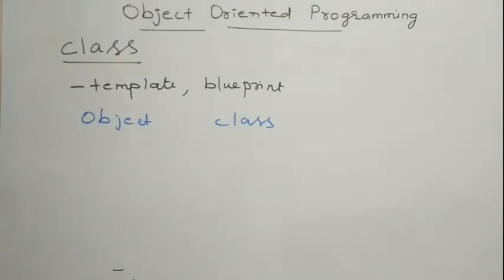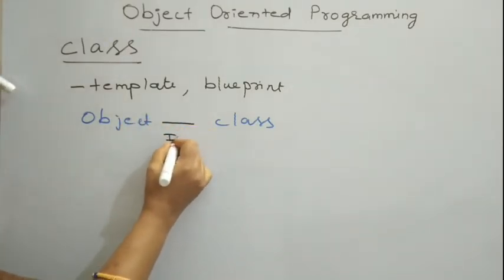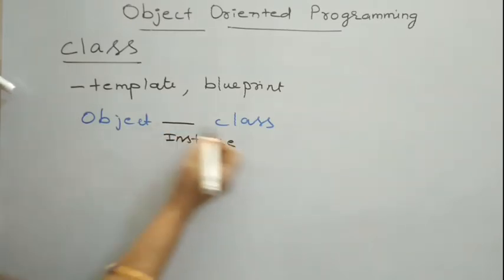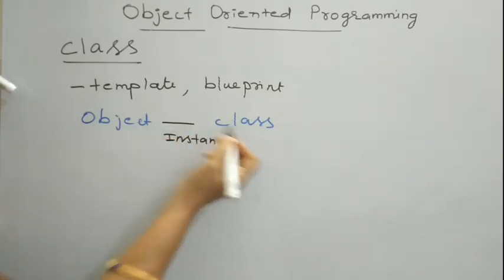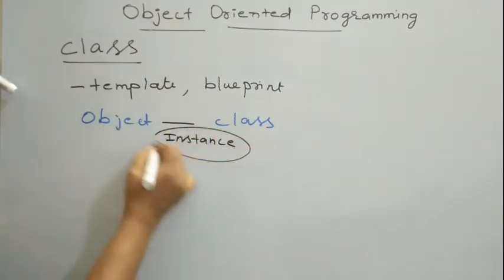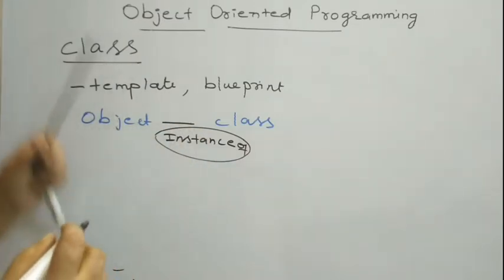It comes into existence when you create an object of the class. Objects are instances of a class. When we create objects of the classes, the class comes into existence. That is the relationship between object and class.